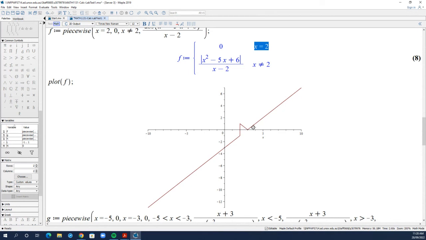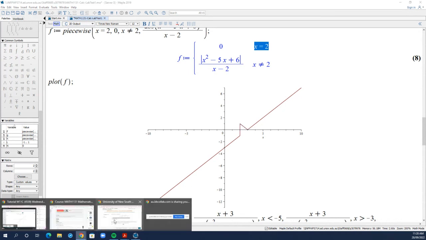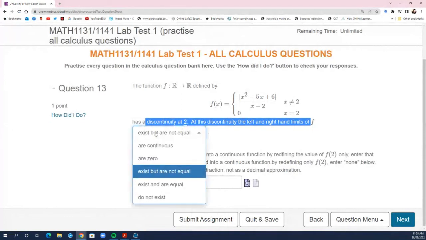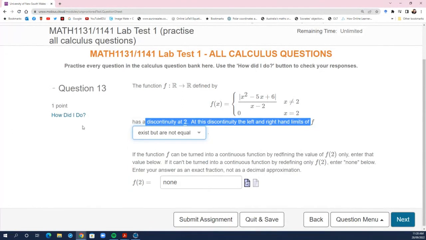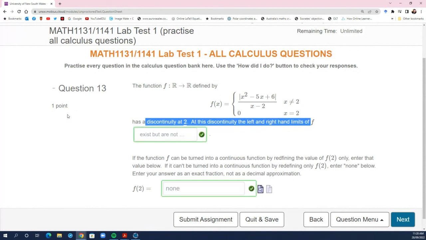It's approaching that value. And what about if I come in from the right? What y value is the function approaching as we approach x equals 2 from the right? +1, exactly. So I'm heading towards -1 there. I'm heading towards +1 there. Well, that seems to suggest that the two limits exist, but they're not equal. Okay. So how did I do?